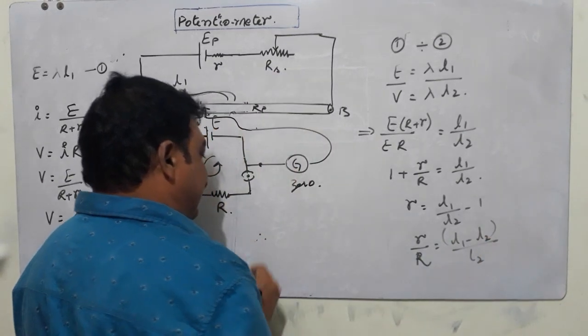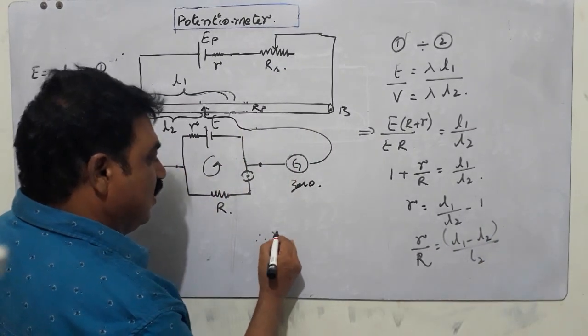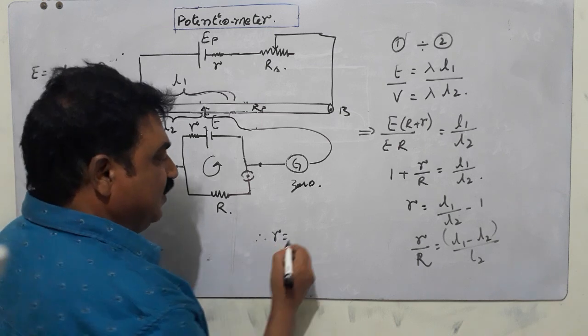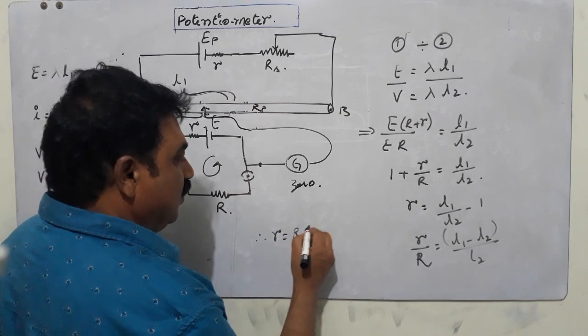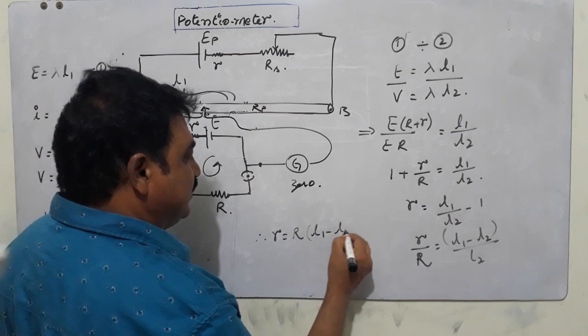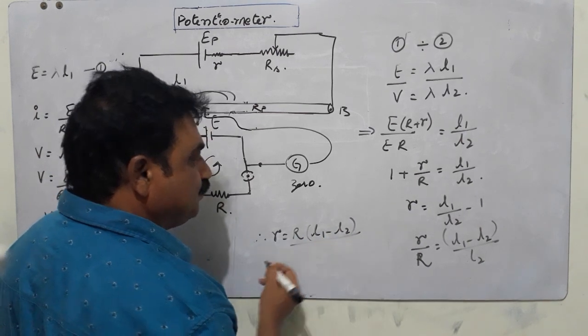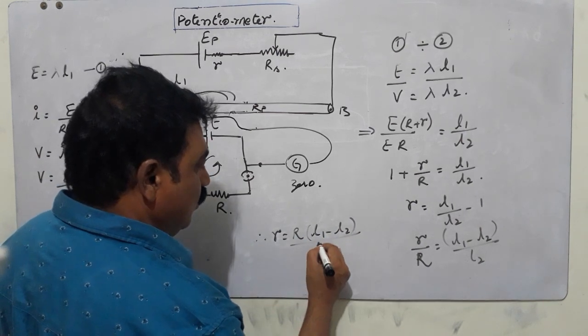Therefore, the internal resistance r is equal to capital R into L1 minus L2 by L2.